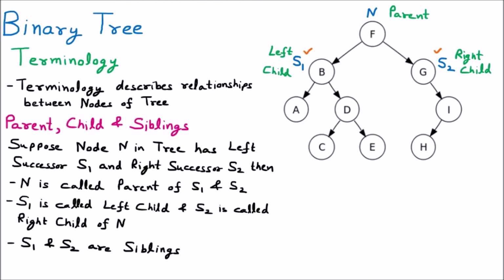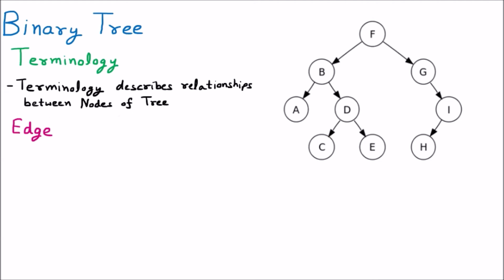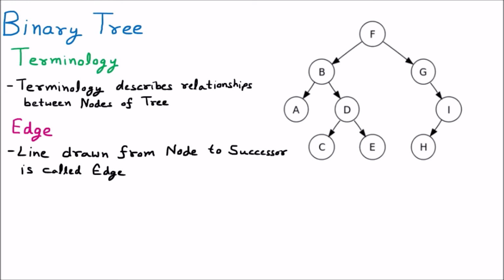Now we are understanding another relation, that is the edge. The definition of edge: a line drawn from a node to its successor is called an edge. Let us suppose that we are having a node F here. From this node F to its successor, meaning its further node, we are having a line.